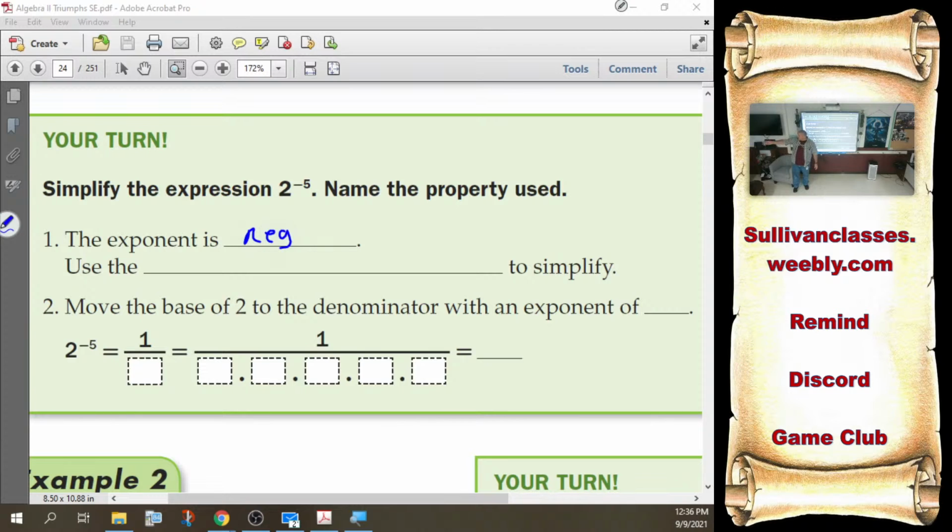We're just going to say use the rule number 5 property, because that's rule number 5 on our list. I'm cool with that. So we move this guy downstairs and we say, now that I have flipped it to the opposite part of the fraction, it's not negative anymore.